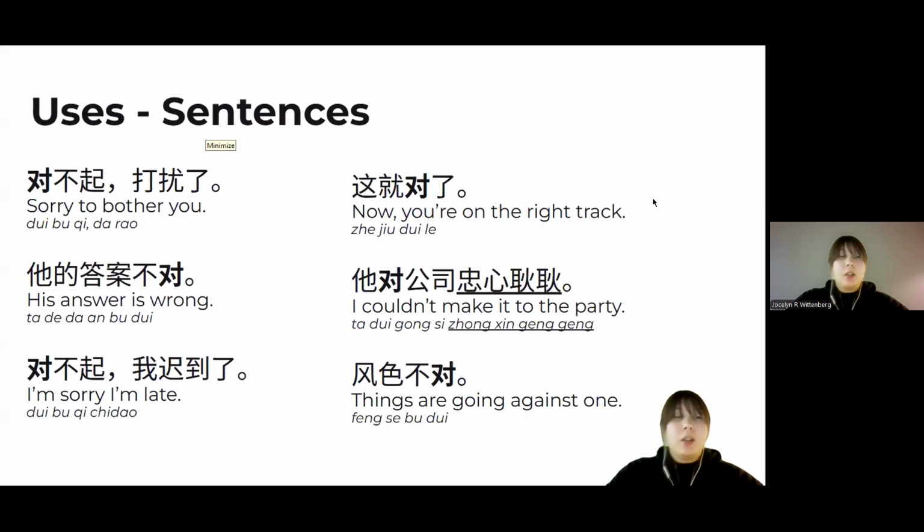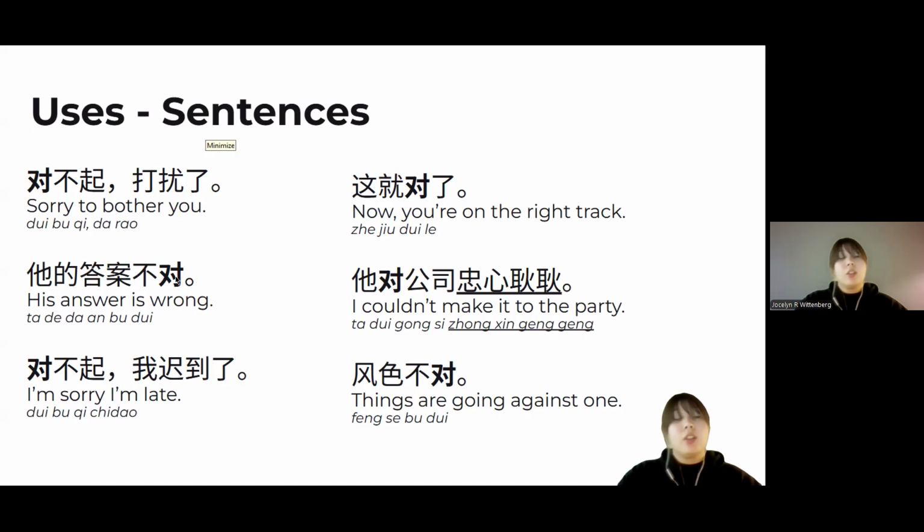As for its sentences, there are a few that it's used in. We'll go through a few of these here. One of the more common phrases you see quite often is 对不起, which means sorry. It's the more formal way to say I'm sorry or apologize. It's also used in 不对, which means wrong, so it's not correct.